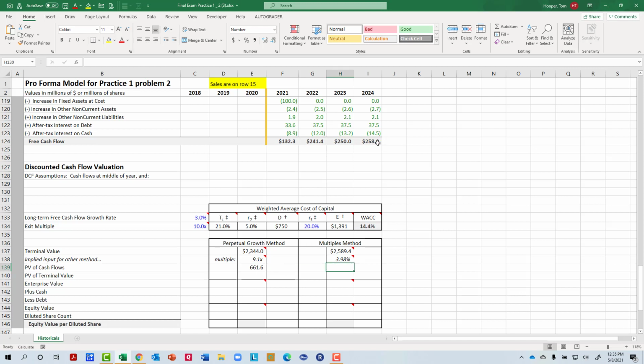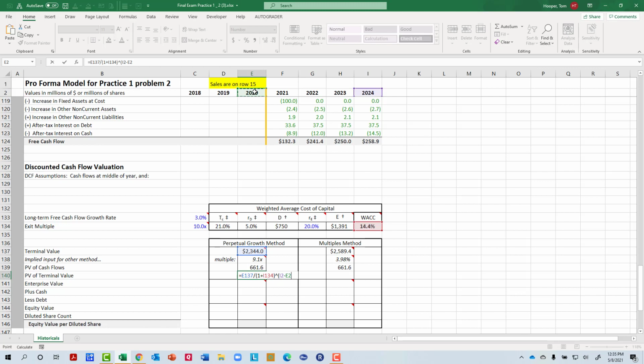The PV of the cash flows is going to be the same regardless of which method I'm using. So I'm going to say equals. And then the PV of the terminal value is not. I have to take that terminal value and divide it by a PV factor. Divide it by 1 plus the interest rate to some number of periods. Now what number of periods? I always like to go from here minus this.